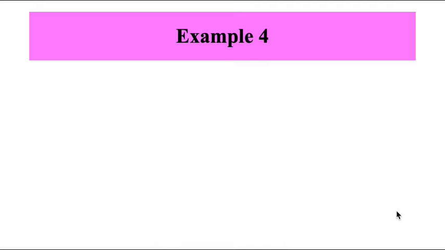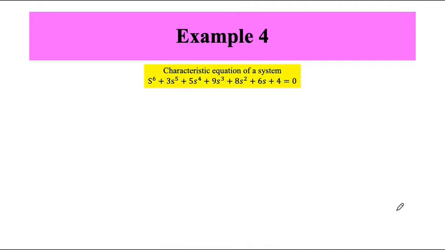Now let's consider one example where the entire row is 0, and see how we use the auxiliary polynomial to find the roots and determine the stability of the system. Let the characteristic equation be given by s to the power 6 plus 3s to the power 5 plus 5s to the power 4 plus 9s cube plus 8s square plus 6s plus 4 is equal to 0.